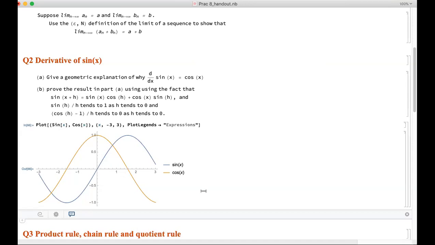By the way, what's the definition of derivative? What's, in English words, the definition of derivatives? How do you calculate it?